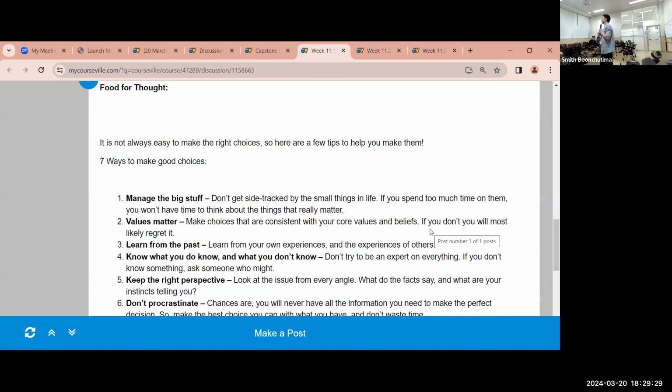And then you also have to think about the variables that you need to take into consideration. If the variables are very obvious, it will make things easier for you to make the decision. But if you take more variables into consideration, it will make the decision more complicated.